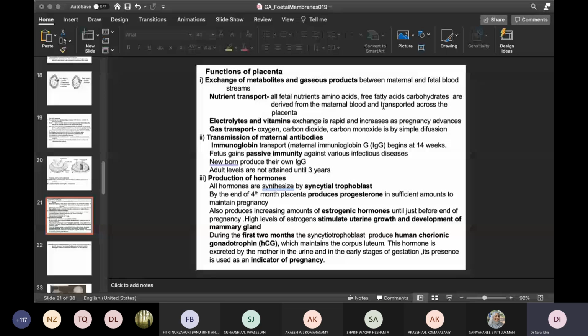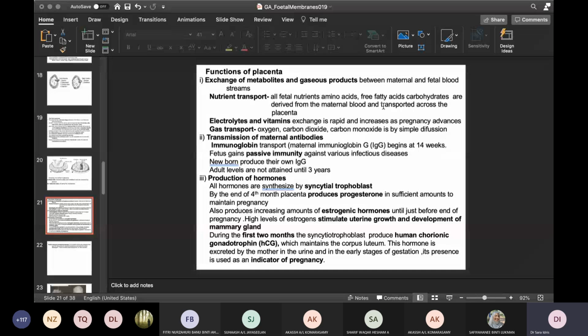Okay. Other than that, a function of the placenta is to produce hormones. Remember, your cytotrophoblast helps to synthesize HCG, human chorionic gonadotropin, which maintains the corpus luteum. Change it to the corpus luteum of pregnancy to ensure that it will produce progesterone to maintain the decidua in the uterus.